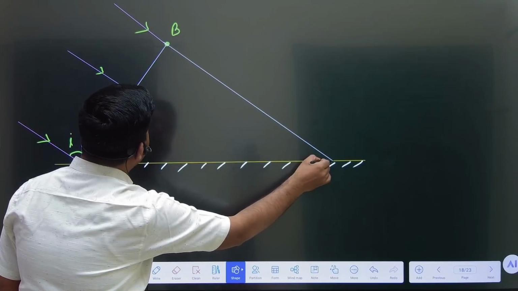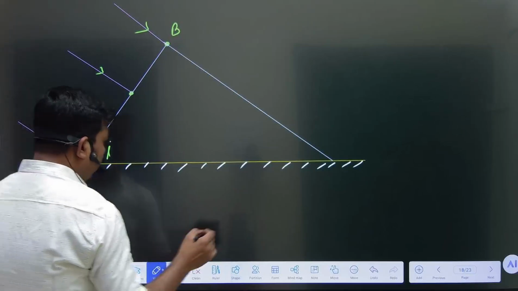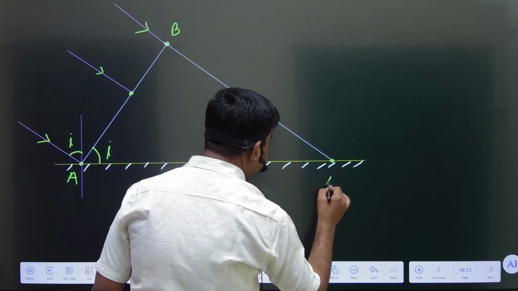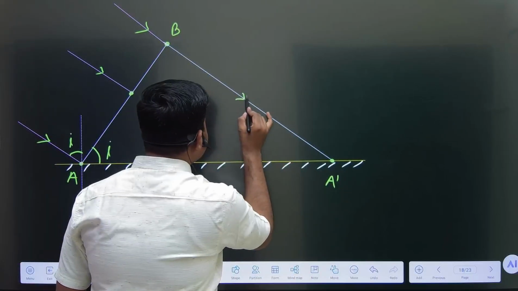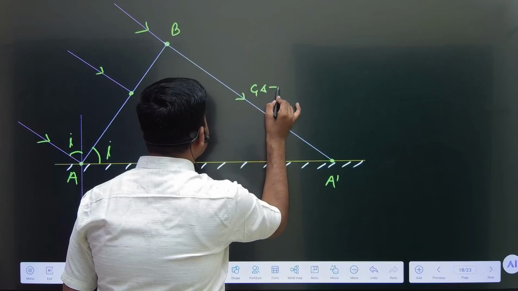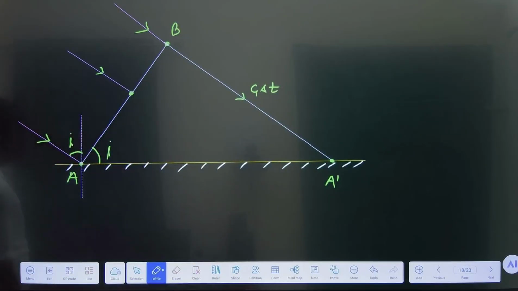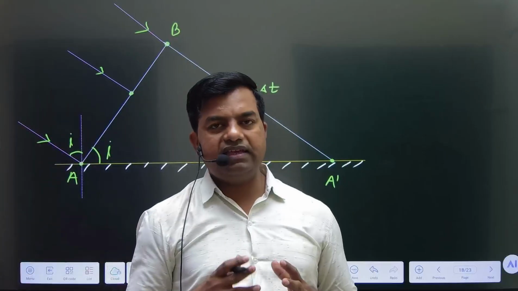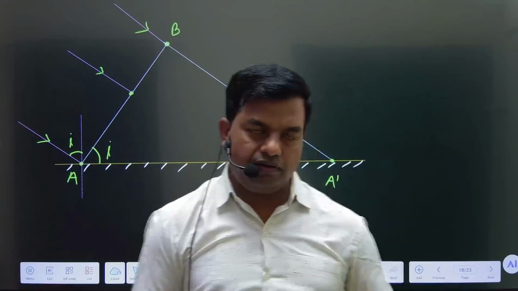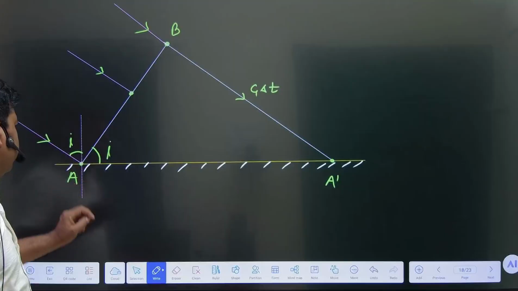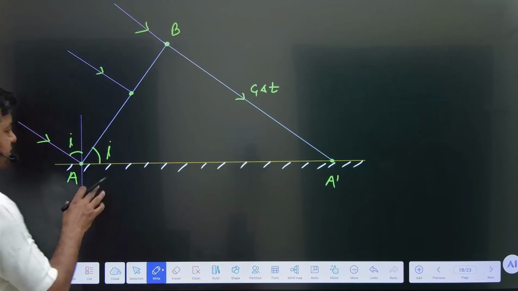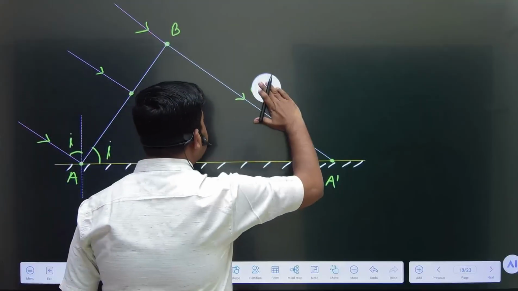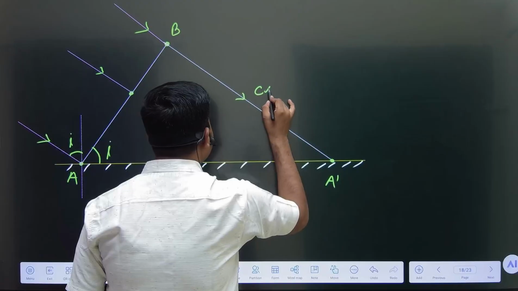Similarly, the secondary wavelet at point A also behaves as a new light source and produces a secondary wavefront. Taking A as a center and C delta T as a radius, the same medium, so it is C delta T.